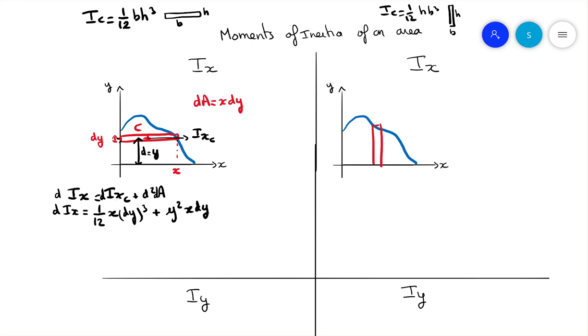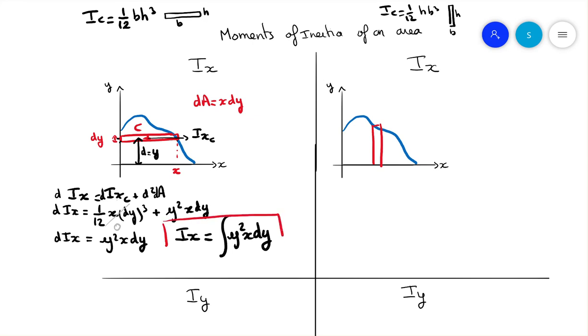So dy cube is even smaller and smaller, so we can assume that this is 0. So at the end, what we have is dIx equal to y square x dy. So we can write that Ix is equal to the integral of y square x dy, in the case of using a horizontal stripe.